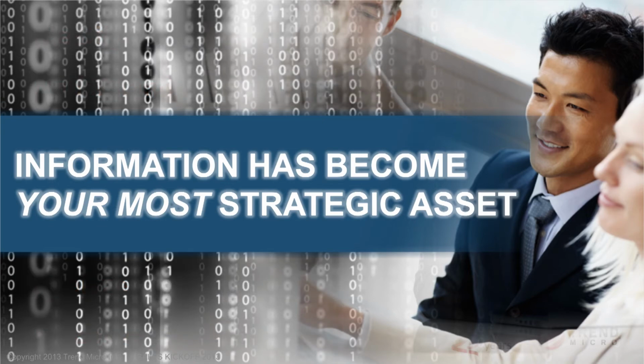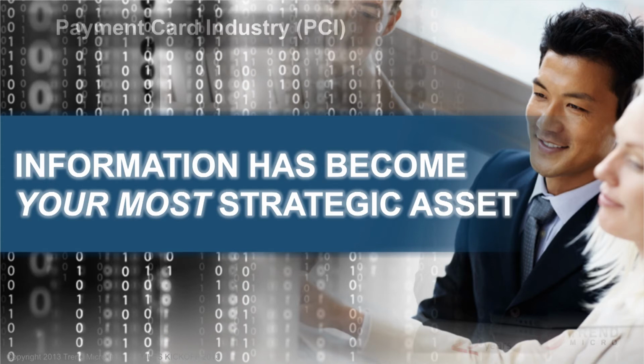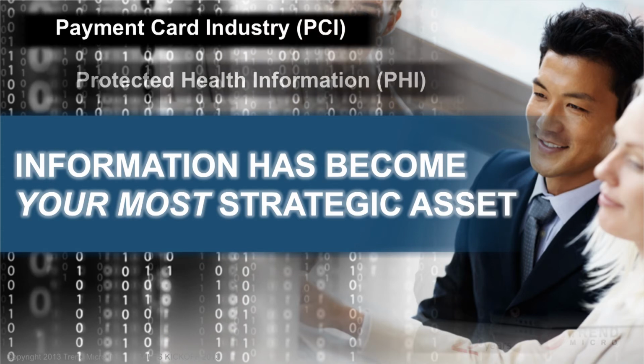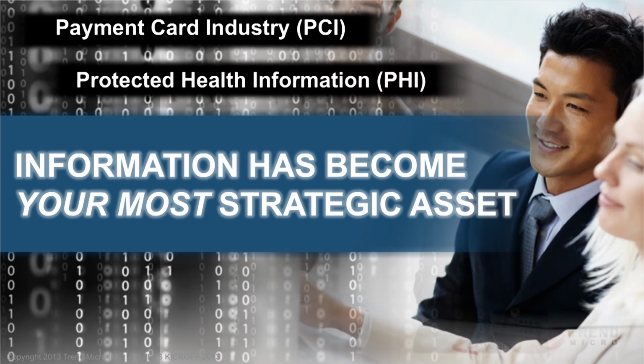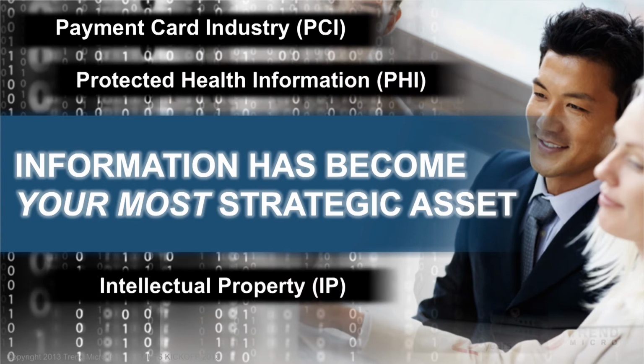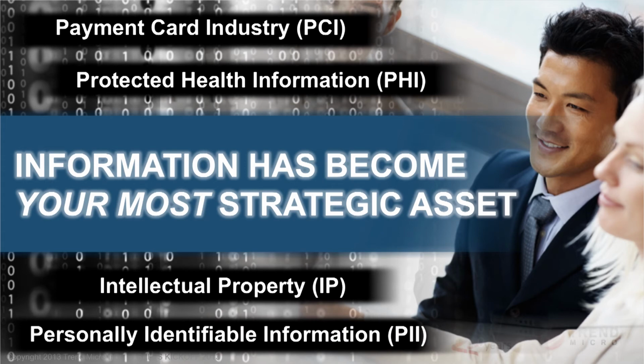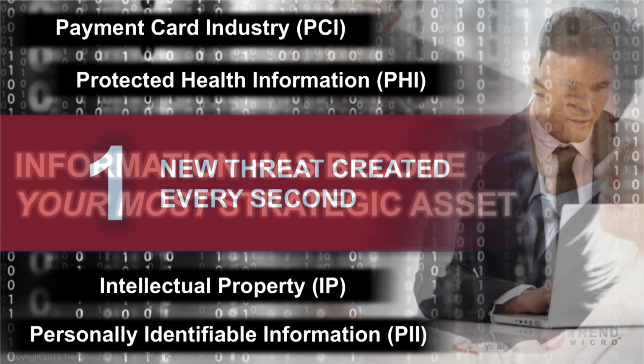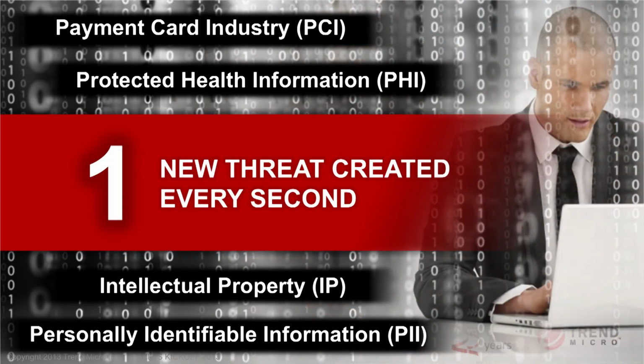But hidden amongst all of that information is also very sensitive information, everything from credit card information, protected health information, or what we call PHI, intellectual property, or perhaps even personally identifiable information that needs to be protected. And it's this information that cyber criminals are after. Did you know that there's one new threat created every second?